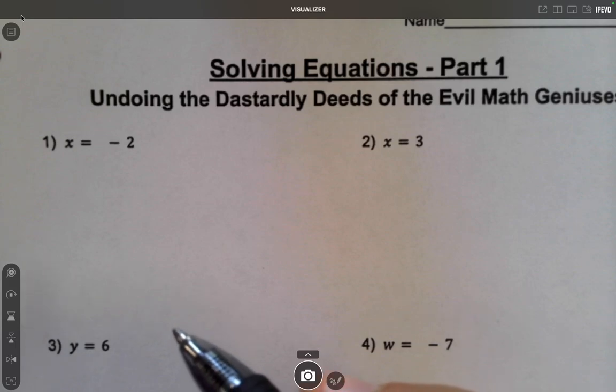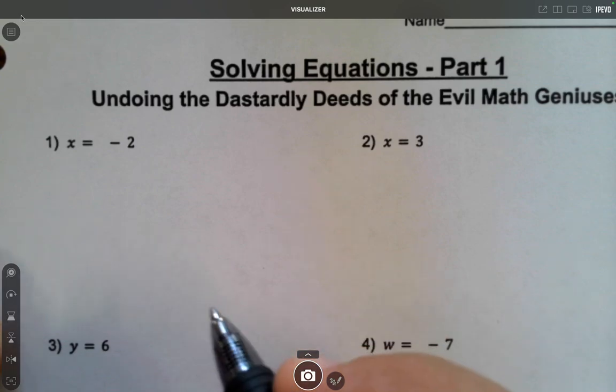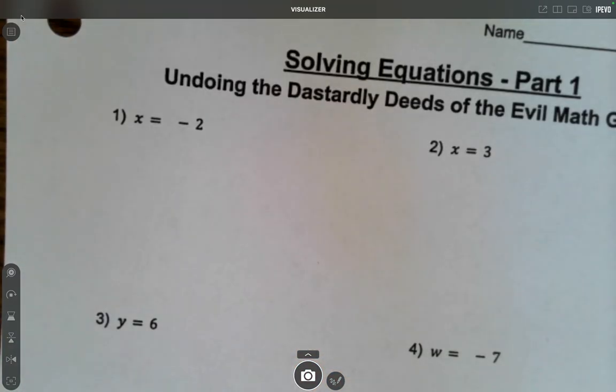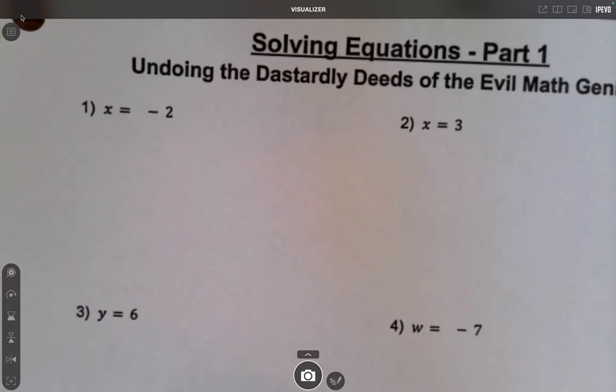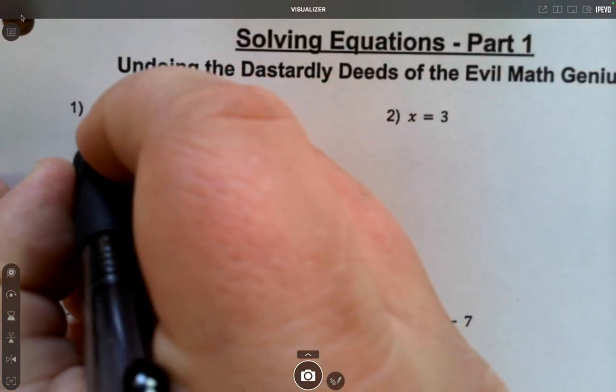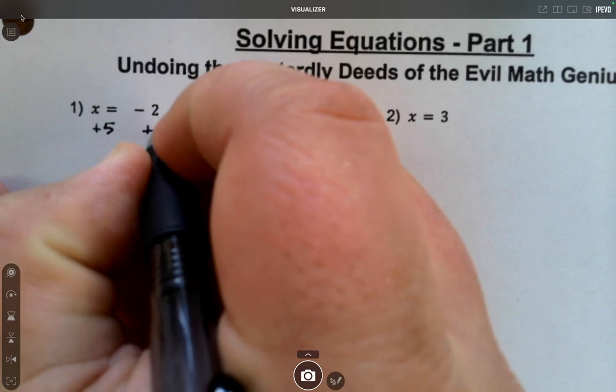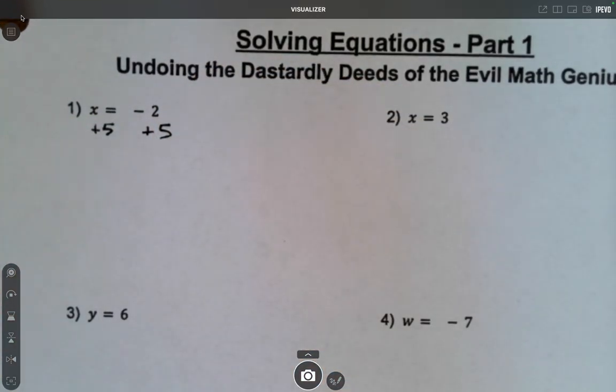And I say, one thing I could do to disguise it. I could add a number to both sides. So, what number should I add? I choose 5. So I'm going to add 5 to both sides. Yes, very good.